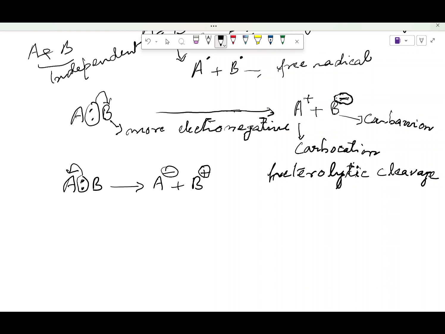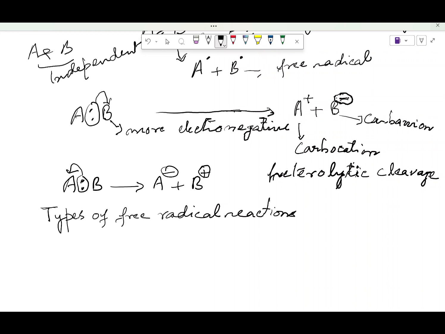Now we know how the free radicals are generated and what types of reactions give the free radical. The next part is the types of free radical reactions. Okay.